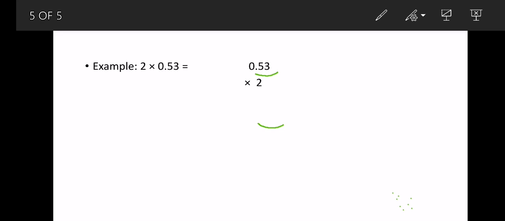And here in multiplication, is it a must while aligning to put the numbers of the same place value under each other? No, it's not a must at all. It's okay, no need to align by the same place value. Put it at any place.